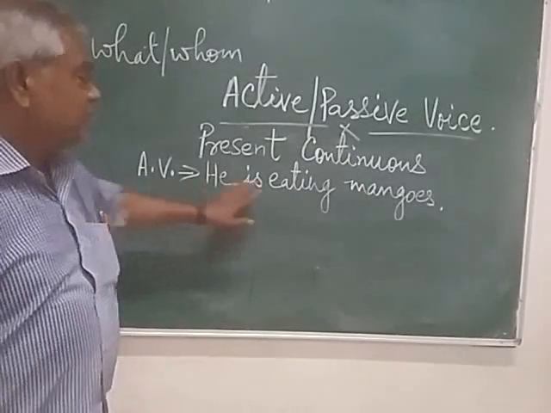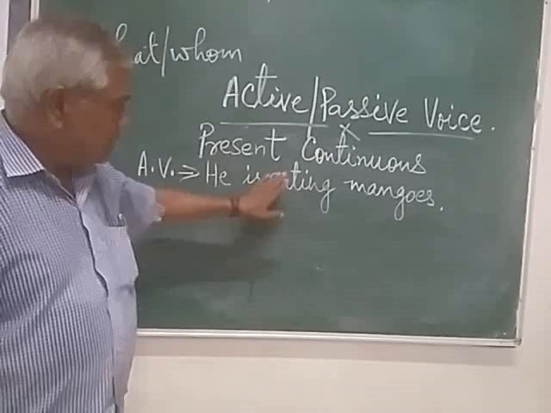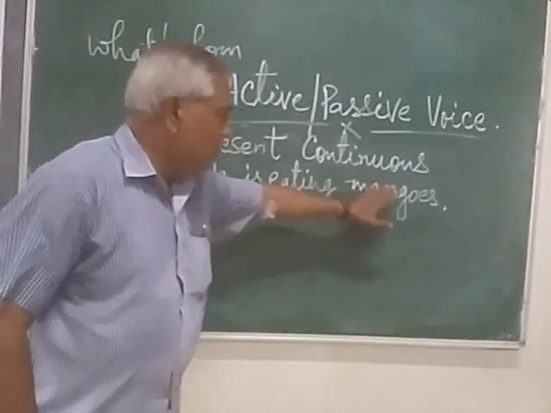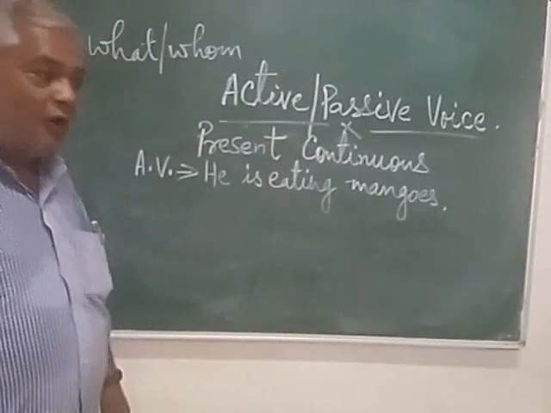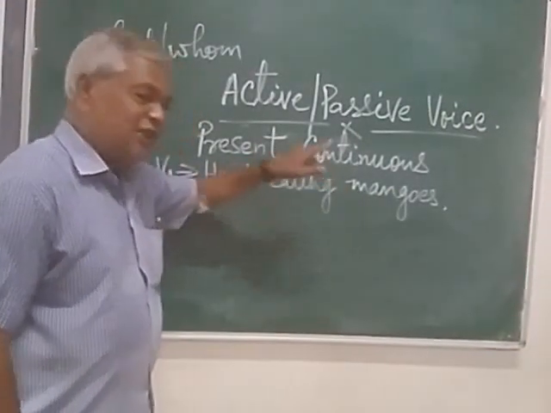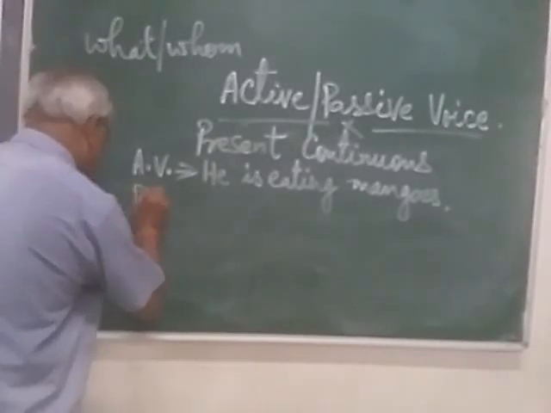This is active voice. The subject is he, and mangoes is the object. This is present continuous tense. Now you have to change it into passive voice.